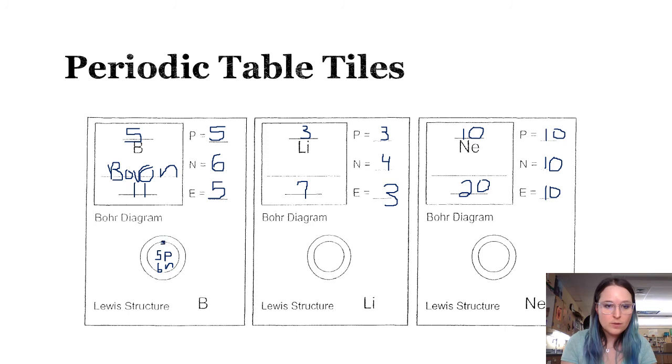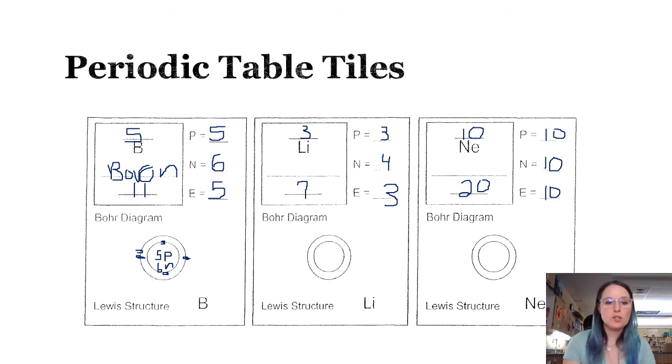It has 5, right? So there's 1, 2, 3, 4, and another one over here, 5. So there's your electrons.